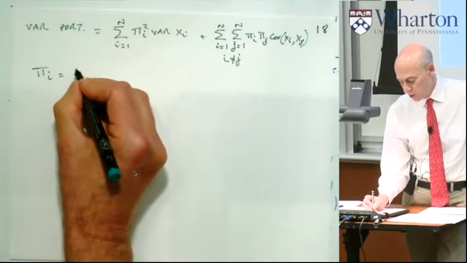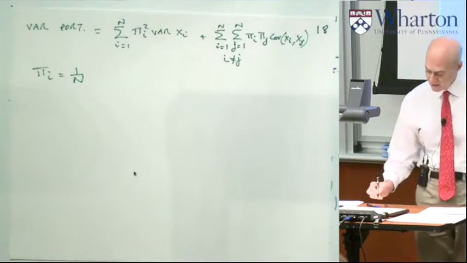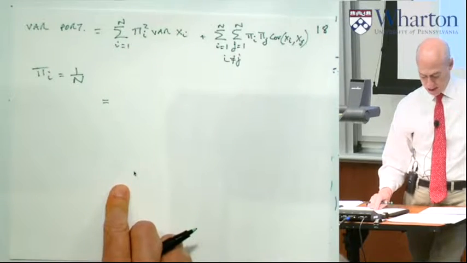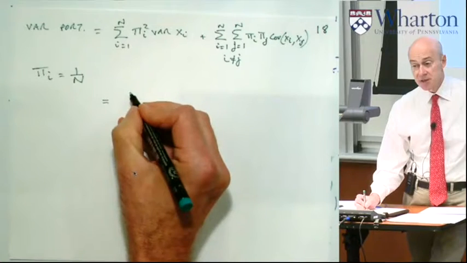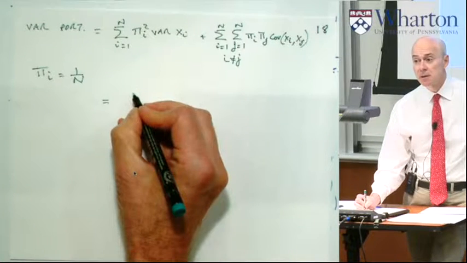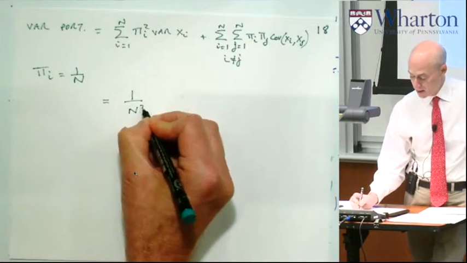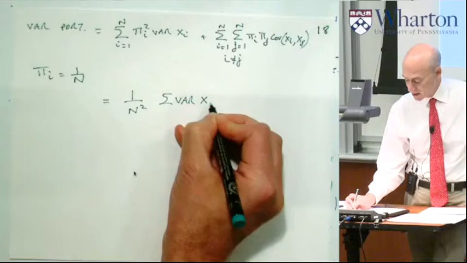For the sake of illustration, suppose we have equal weighting, so we put pi i equals 1 over n. And we can write this in a somewhat different way. Pi i squared we can take out. It's just 1 over n squared. And then we've got the sum of the variances.